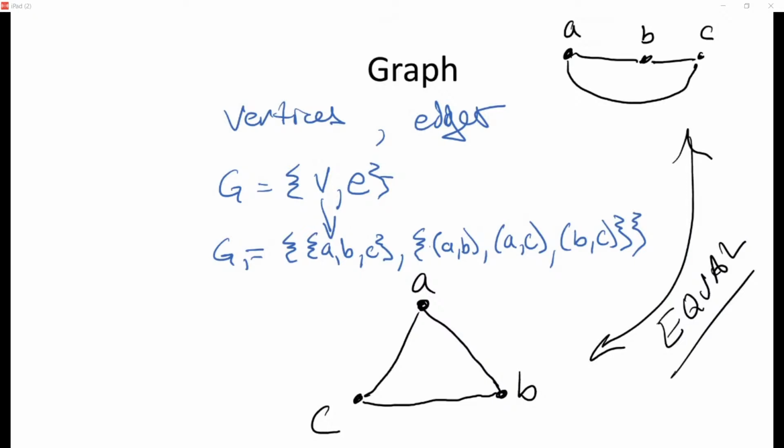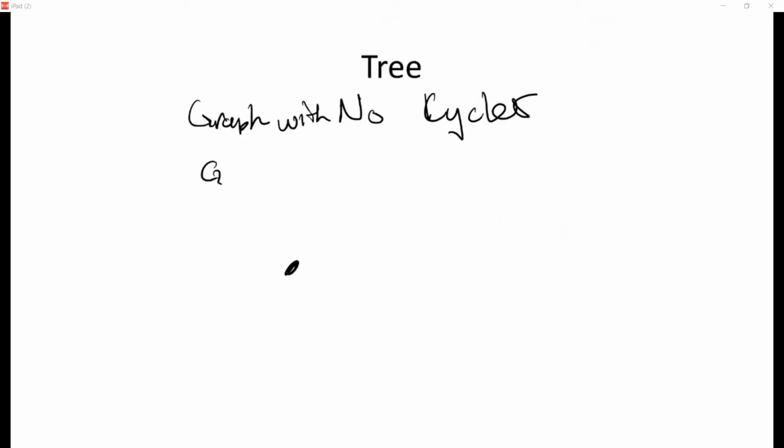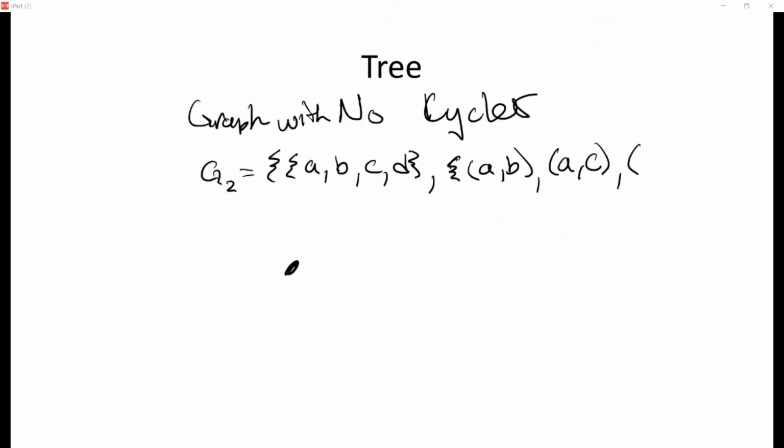Now, before we get into more graphs and more stuff about equality, I need to mention trees. I know you've probably studied trees already, but a tree is a graph with no cycles. Just as an example, graph 2 will have the set of vertices A, B, C, and D, and the set of edges will be AB, AC, AD.